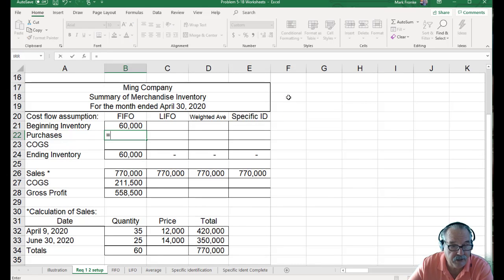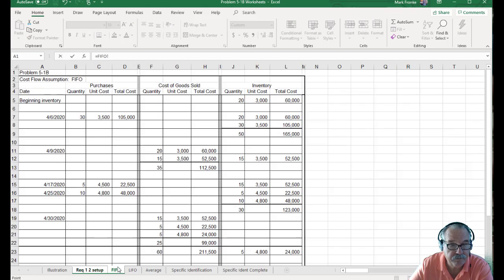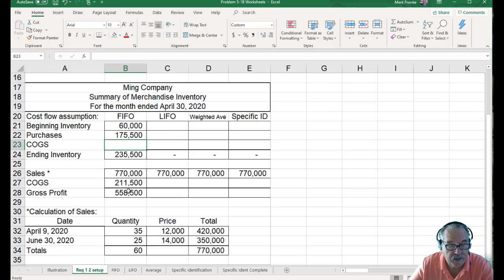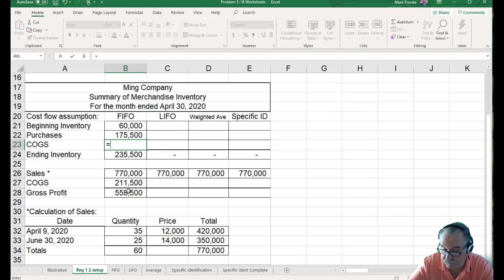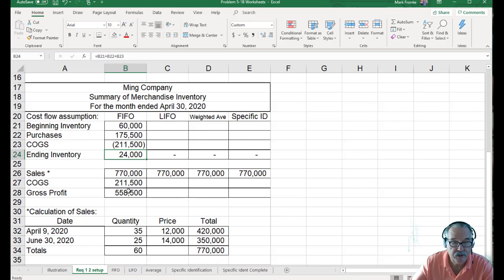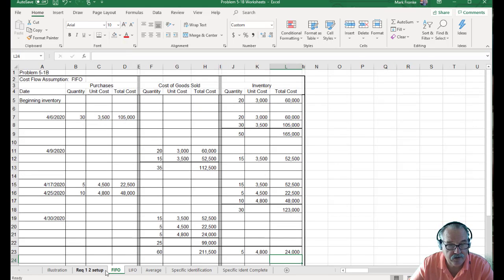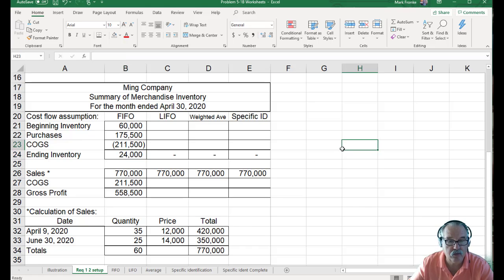The purchases amount is the 105 plus the 22.5 plus the 48,000. And our cost of goods sold is the 211,500, which means that our ending inventory is 24,000, and that matches our schedule, so we're cool to move on to LIFO.